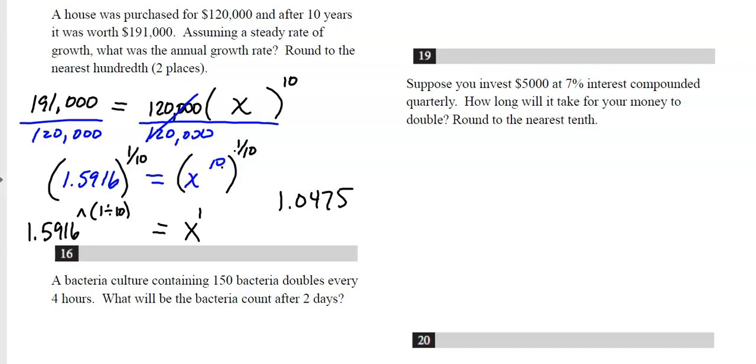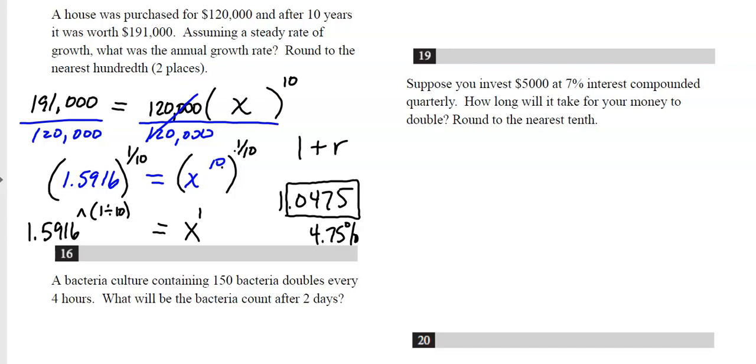But remember, when we do these compound interest type problems, or these money growing problems, it's always 1 plus the interest rate, or the growth rate. So the actual growth rate is just this part right here, which if you change it to a percentage, we grew at a rate of about 4.75% each year. So that would be my growth rate.